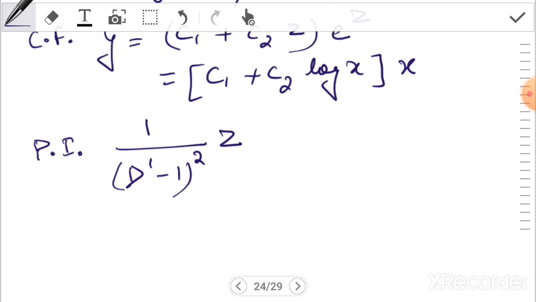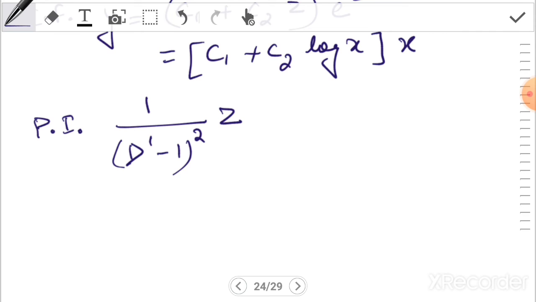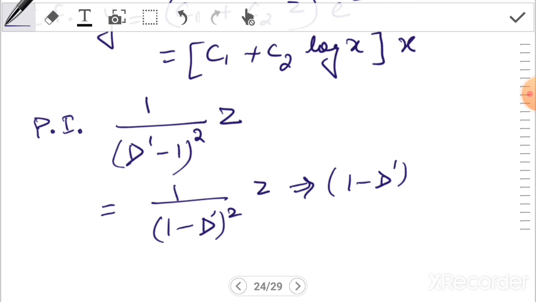Okay, so now we can write this as 1 by (1 minus D dash) whole square, which gives (1 minus D dash) power minus 2, and this will operate on z.